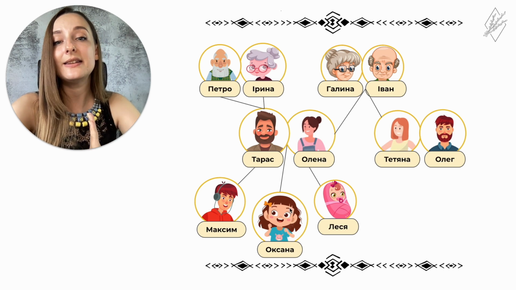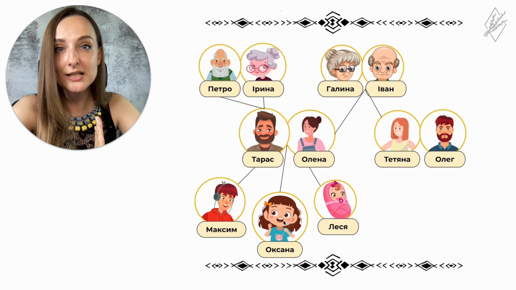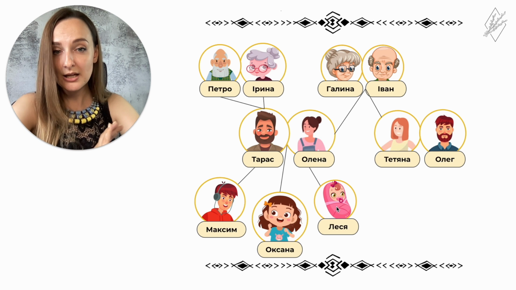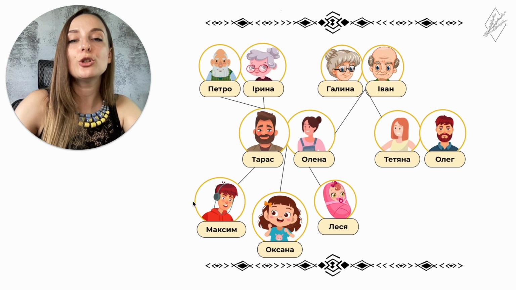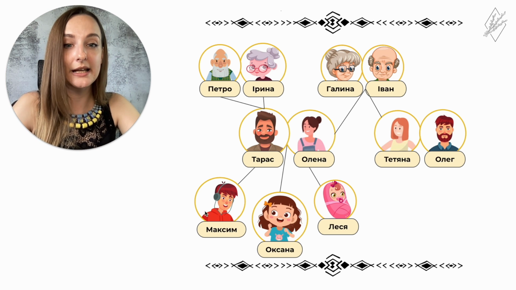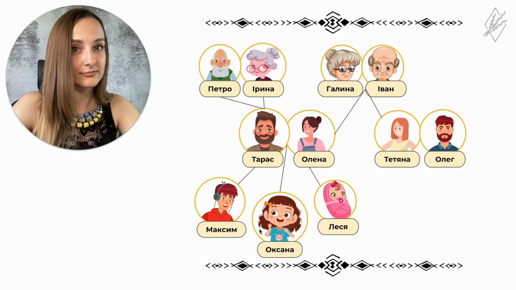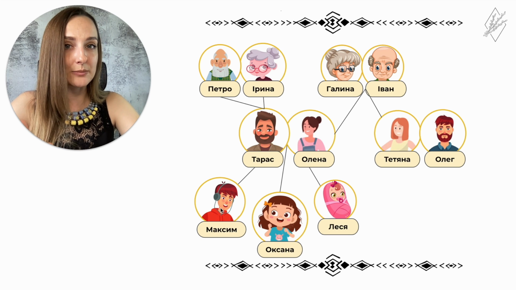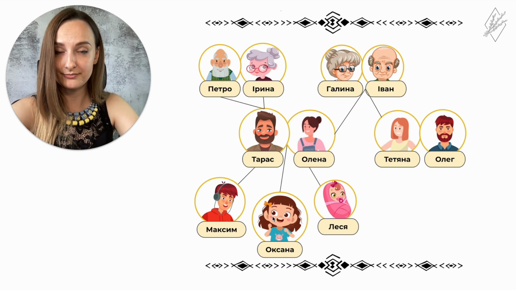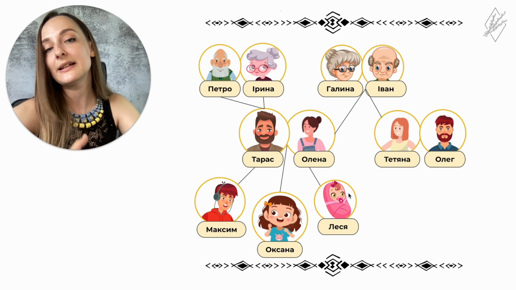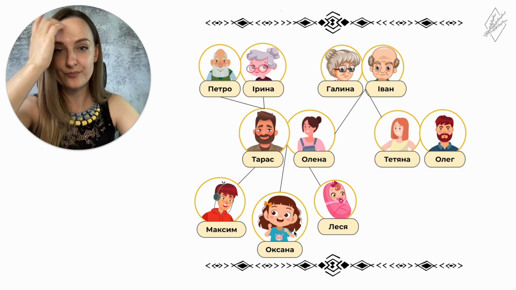Леся – її сестра. Right? А хто Максим для Оксани? Максим – її брат. Максим – її брат, Леся – її сестра.